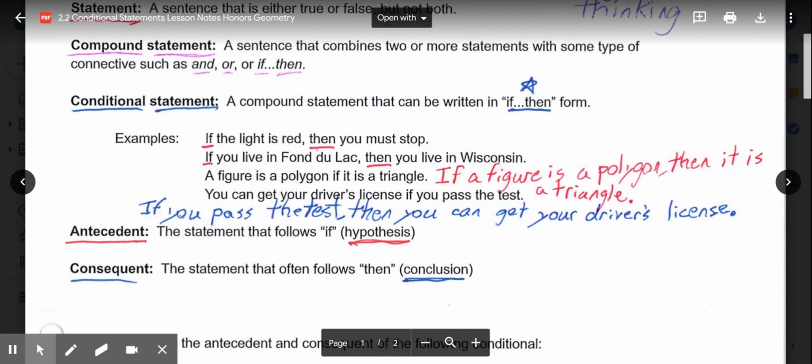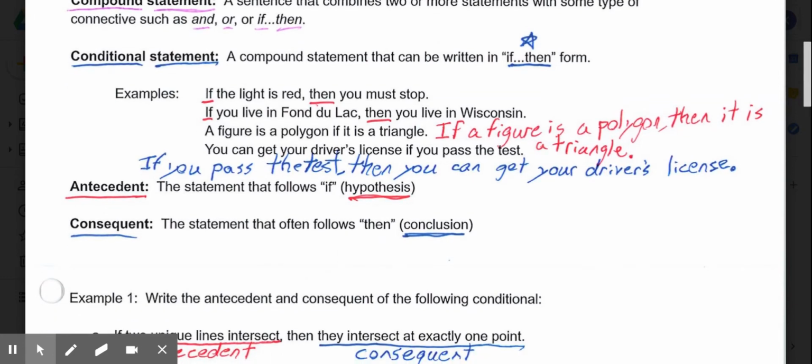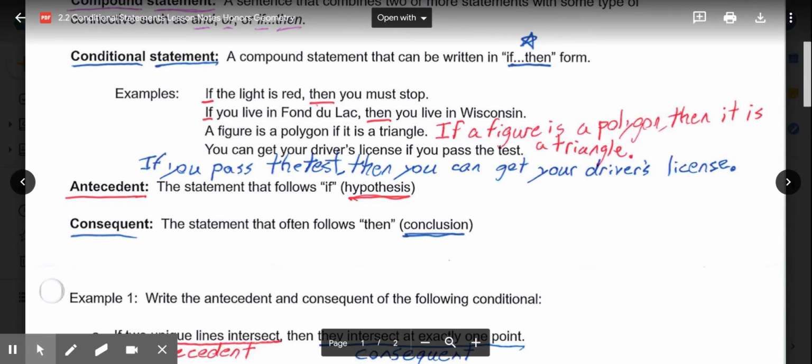In these conditional statements, we have two different parts, the antecedent and the consequent. I know for many of you that enjoy algebra, you're probably wondering at this point, when did I join another language arts course with all these definitions? But a lot of our geometry is based around these definitions, so bear with me.